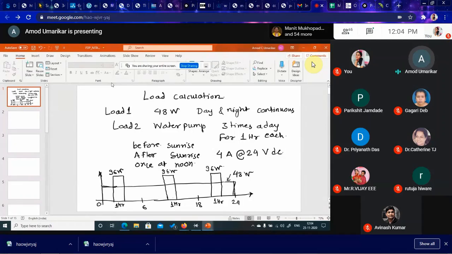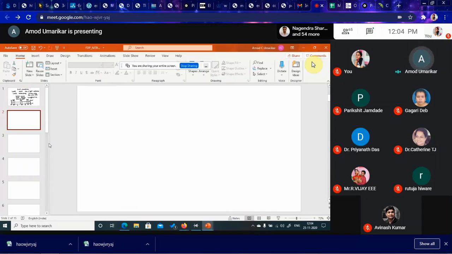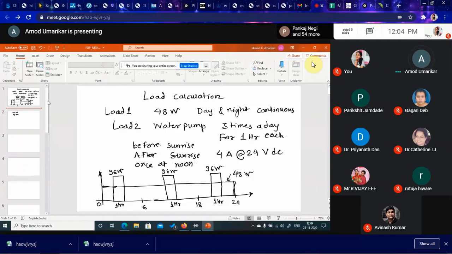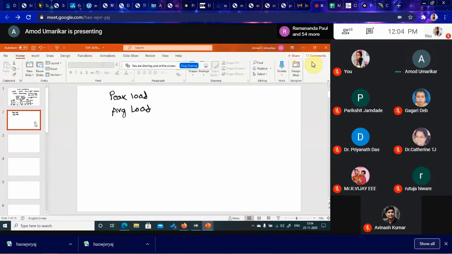So how will you now find out what is the day load and what is the night load? There are two types of consideration: one is peak load and another is average load. What is the peak load?